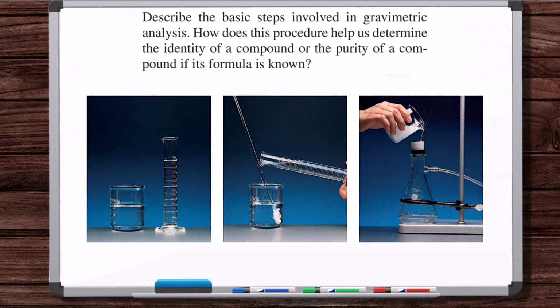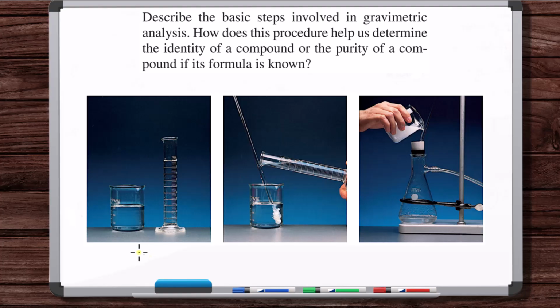But thinking about solubilities of components and the associated solubility equilibrium in gravimetric analysis is a more advanced topic that we're going to look at in chapter 16. So right now in this chapter, for these problems, let's just assume that there's no solubility issues complicating the problem.